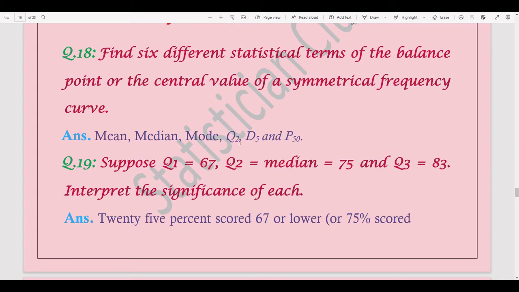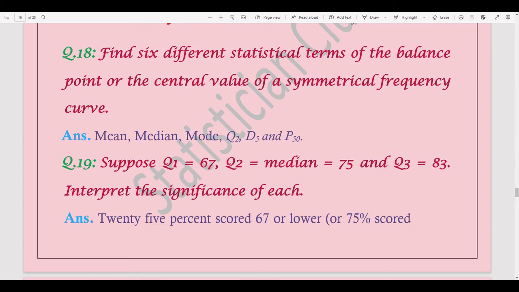Quartile: as you know, in quartile, Q1 is from 1 to 25, Q2 is from 25 to 50. So the second quartile divides the data into two middle values. This value is the middle, meaning the average of the data set. Here D5, the fifth decile, means it gives the average of half of the values.